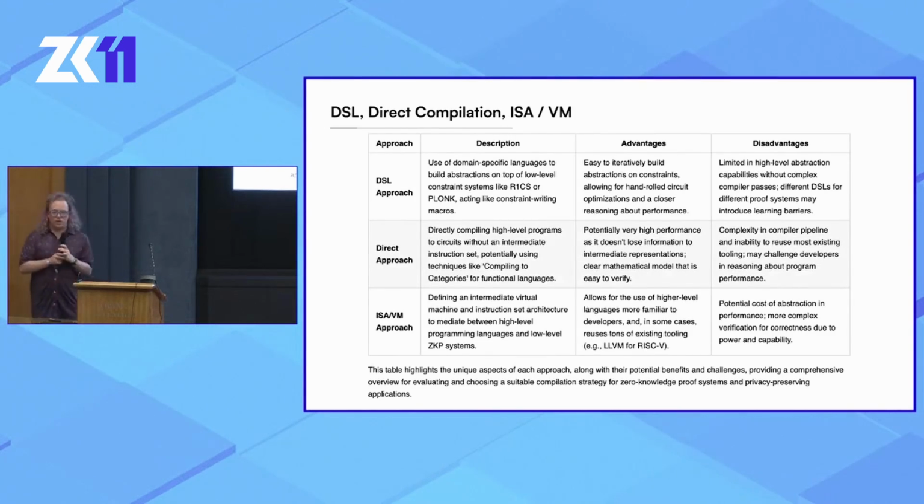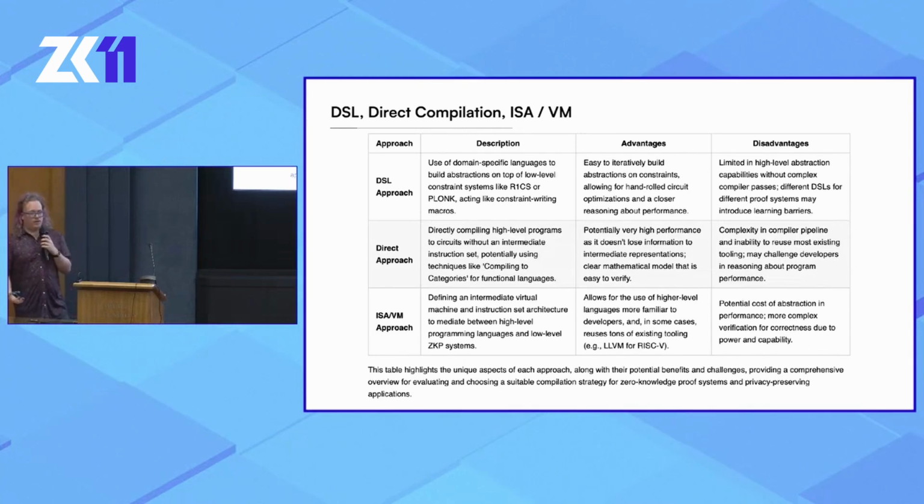So the first question that you ask when thinking about what is a ZKVM is, what does it mean to specify a computer program? Just about anything can simulate universal computation, ranging from ordinary programming languages to something like Magic the Gathering. So one approach here, and this is what we see in some VMs like Cairo, is to use a domain-specific language. So this is something where the interface looks something like a regular programming language, but you can think of it as a set of macros for generating circuit constraints directly.